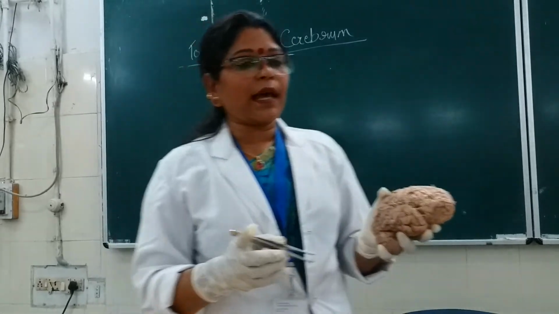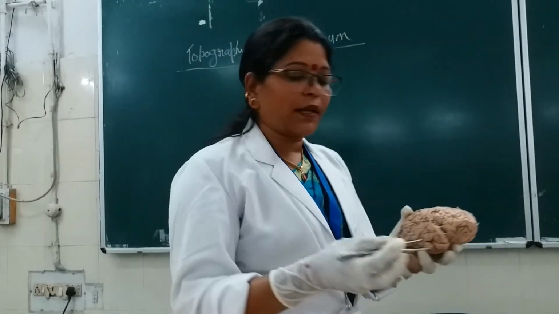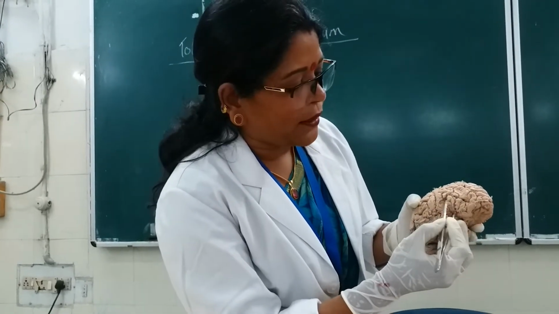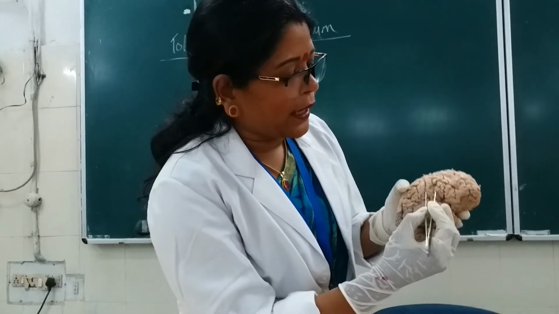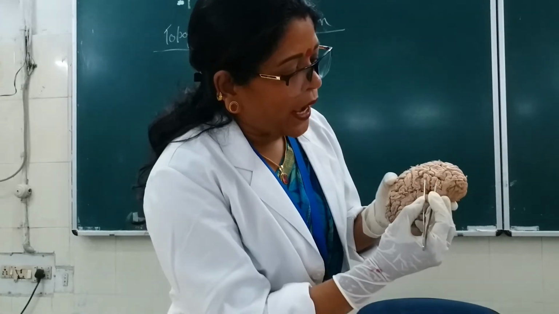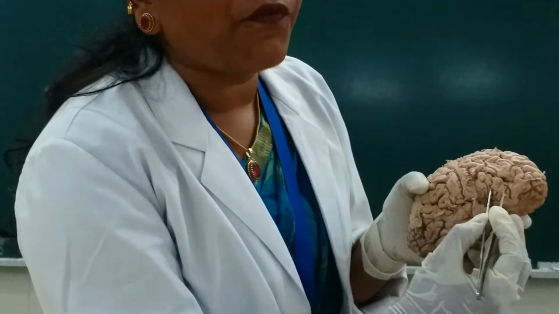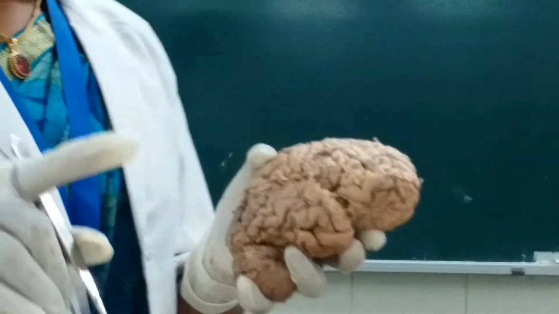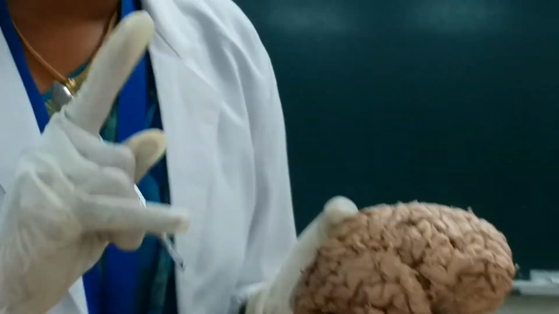And where is it lying, the Broca's motor speech area? It is present over here, the pars triangularis and the pars opercularis. Here it is area number 44 and here it is area number 45. So area number 44 and 45, it is Broca's motor speech area.